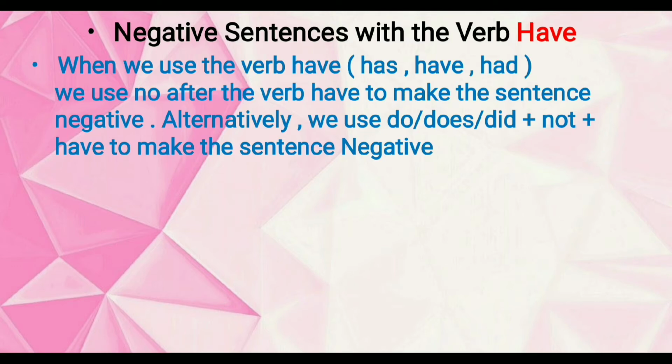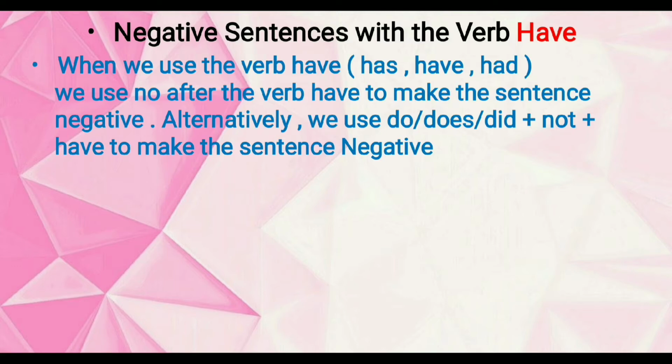Alternately, we use do, does, did plus not plus have to make a sentence negative. So we can say that with has and have we use no or not both in some cases, right? With had also we use no or not.